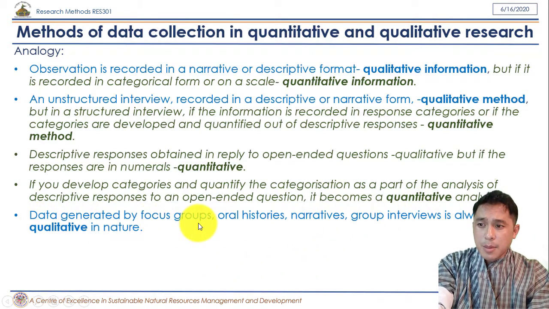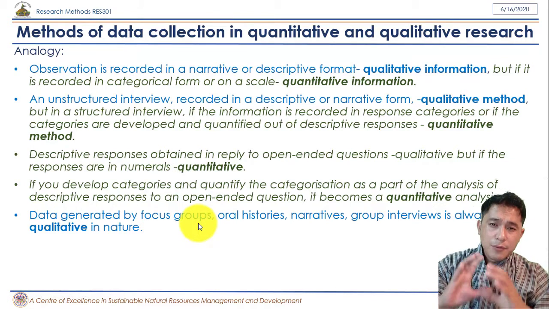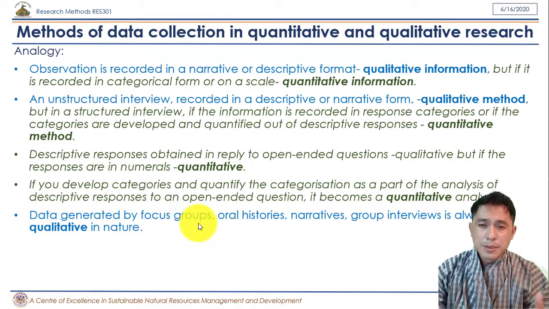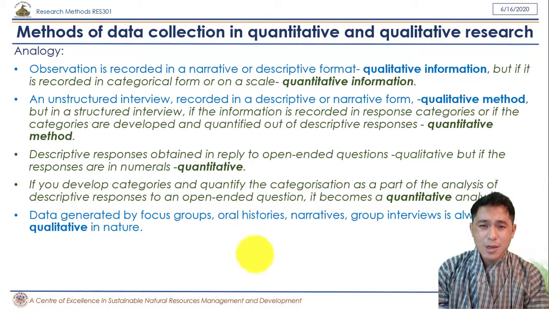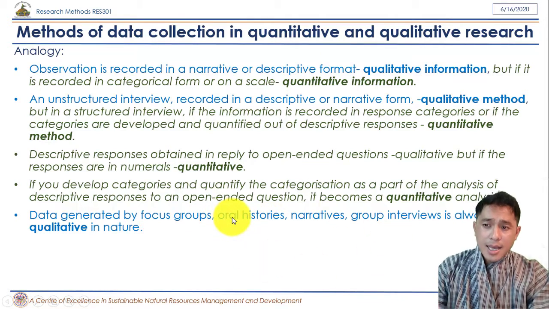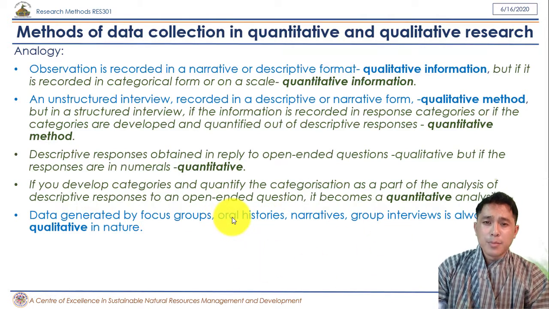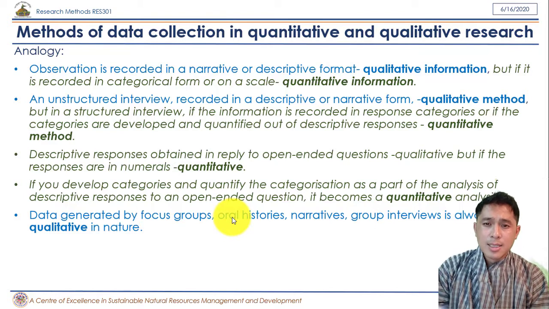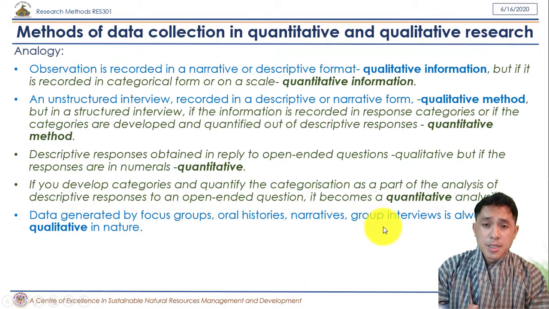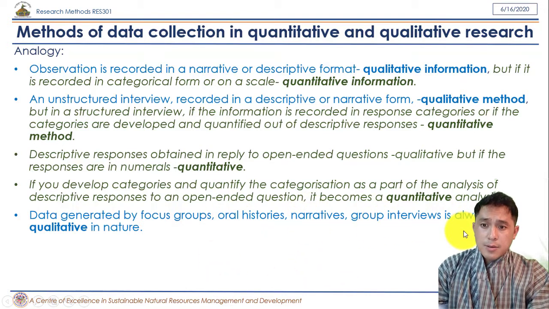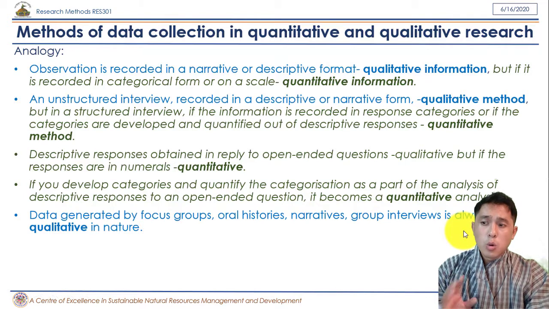And data generated by focus groups, if you involve lots of respondents in a group, and oral histories, meaning the societal views, perspectives, historical or traditional researches, narratives, group interviews are always qualitative in nature.